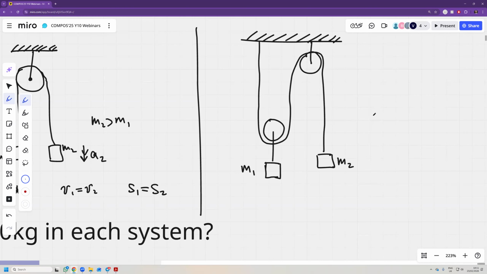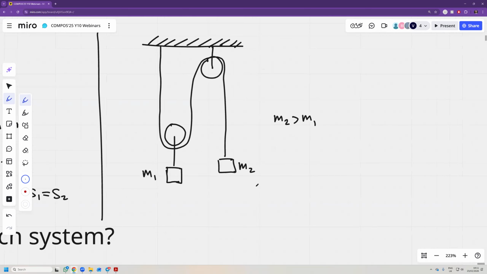Now, for simplicity, let's say M2 is greater than M1. So that means M2 would definitely accelerate downwards with A2, and M1 would accelerate upwards.